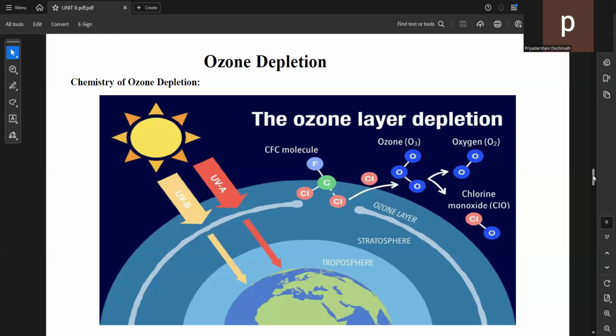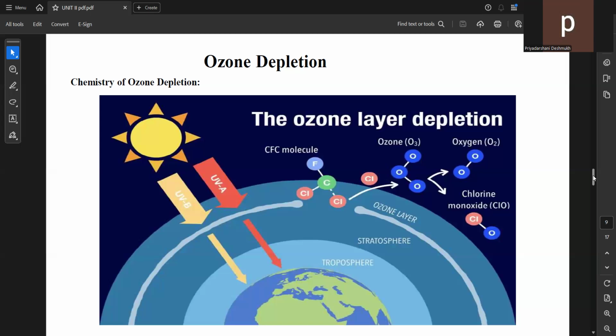The O3, that is ozone, is formed when the ultraviolet light strikes oxygen molecules, that is O2, splitting them into individual oxygen atoms. Then the oxygen atom combines with O2 to form O3.